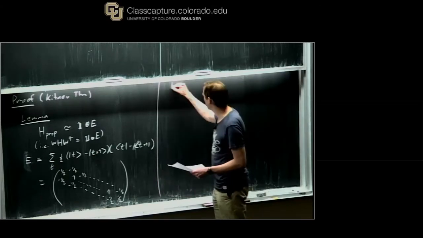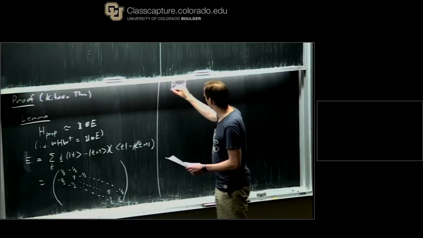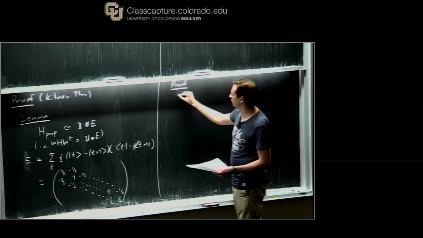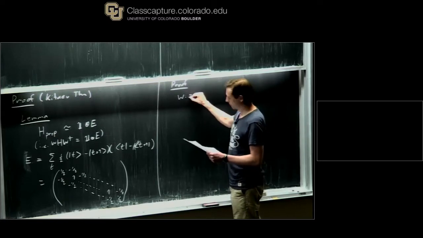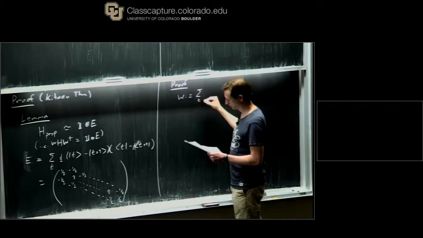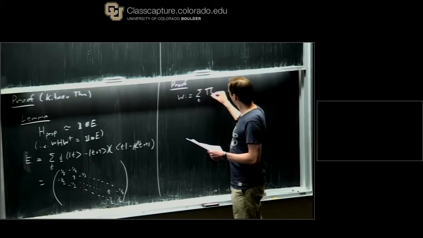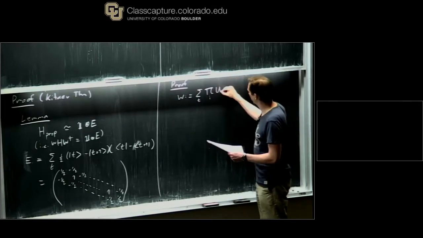Well, the proof is not very difficult. I can simply write down W and then verify. Just take W equal to this, and you can check that this is unitary.